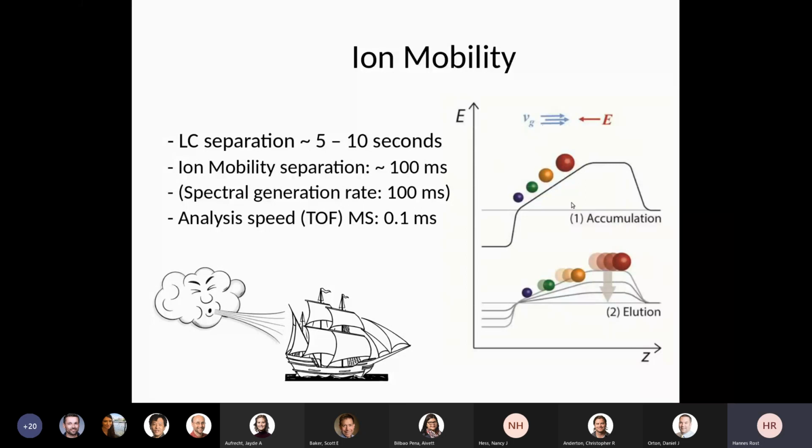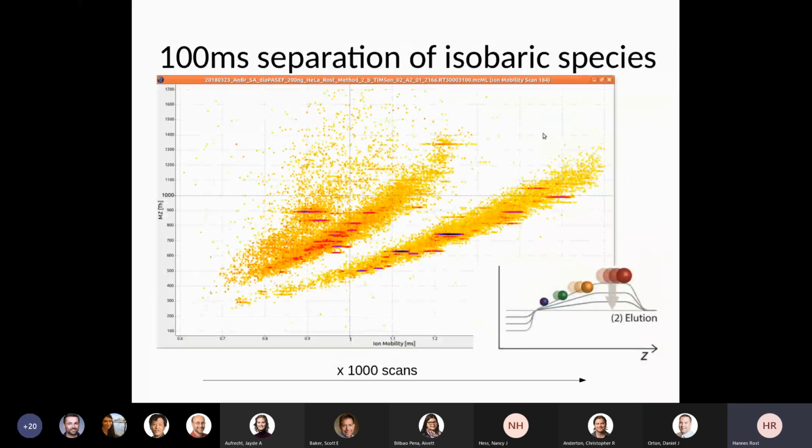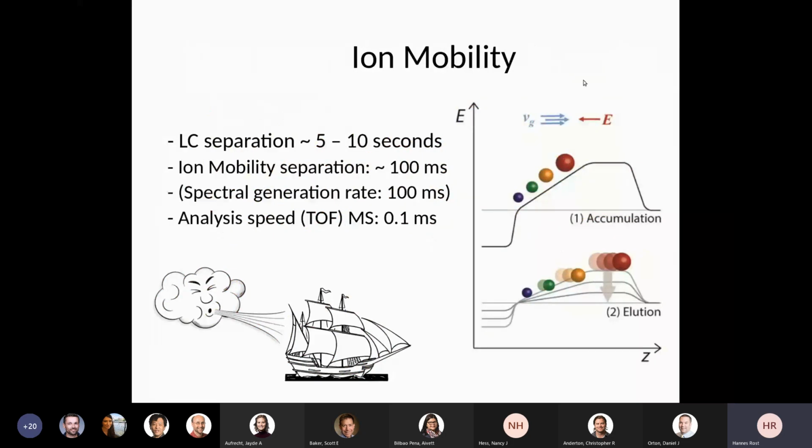As you can see, the electric potential is changing in the Z dimension. That means that the ions will come to rest as soon as the force from the gas is equal to the force applied by the electric field. And so large ions will actually move further into the Z dimension than small ions.